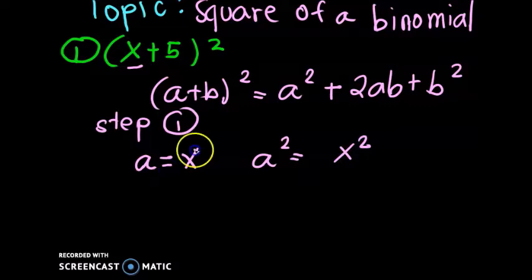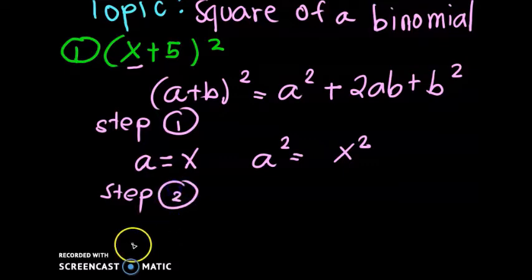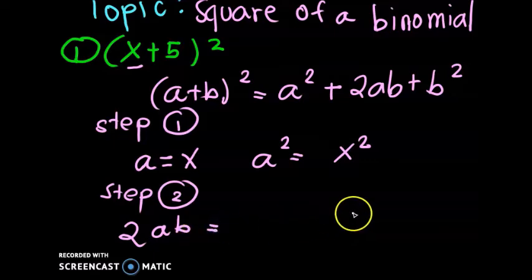Now, let's proceed to step number 2. We have to answer this with the product of a and b. Again, this is the product of a and b. Our a here is x, and our b is the second term, which is 5.